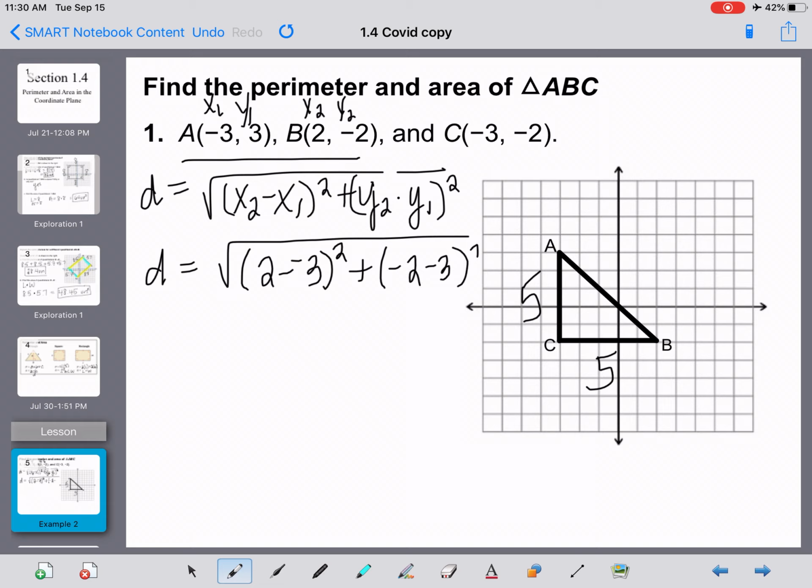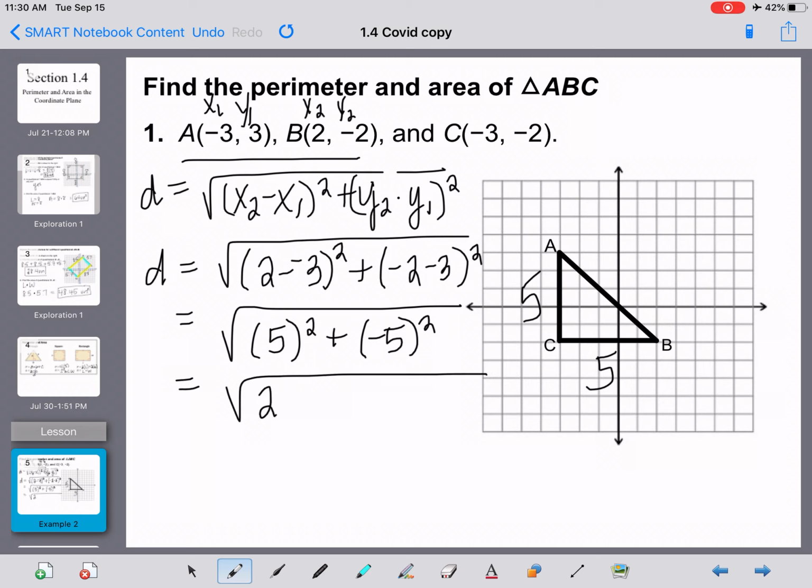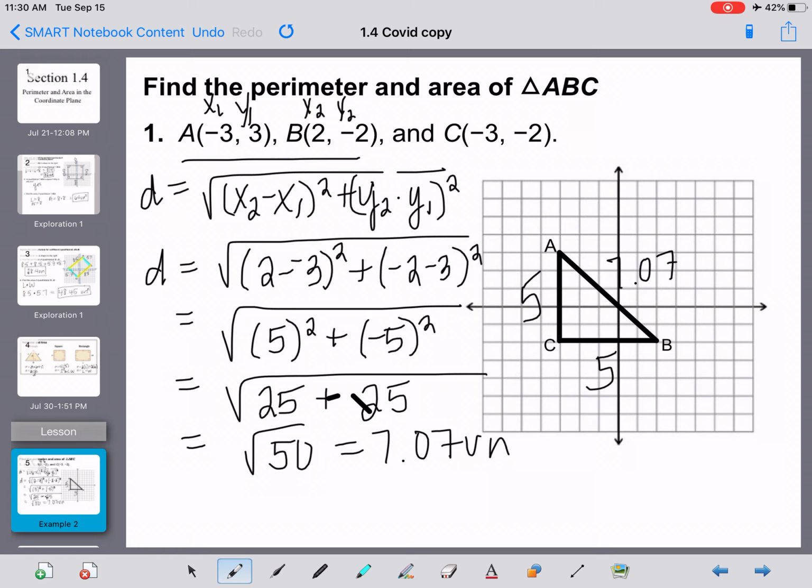Y1 is just positive 3. So 2 minus negative 3 is really 2 plus 3, so that gives me 5. And negative 2 minus 3 is negative 5 squared. So they actually end up both coming out to be 25. Because even if it's negative, it's still going to remain positive because we square it. So that's the square root of 50, which is approximately 7.07 units. So this length is 7.07.